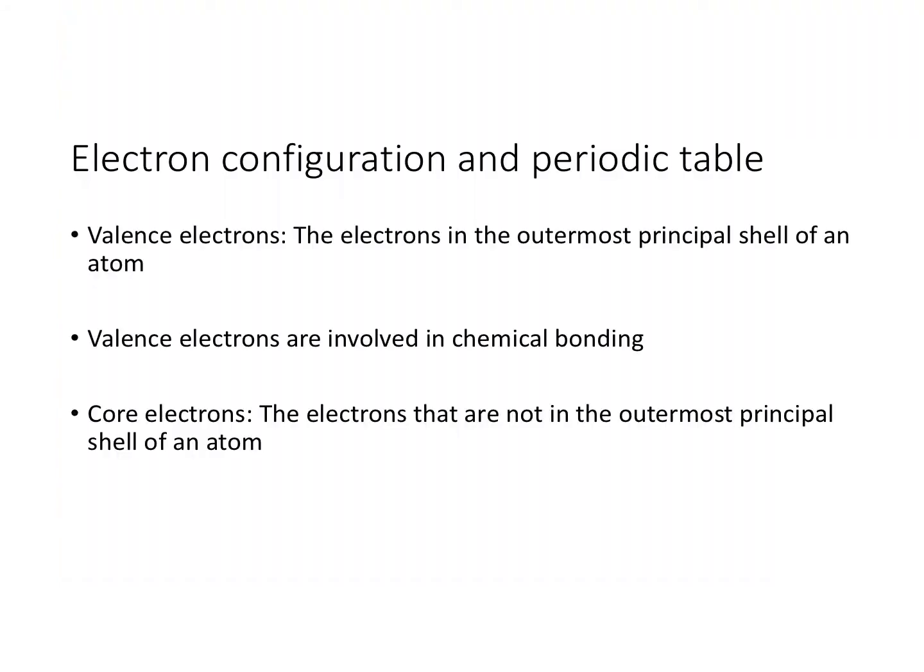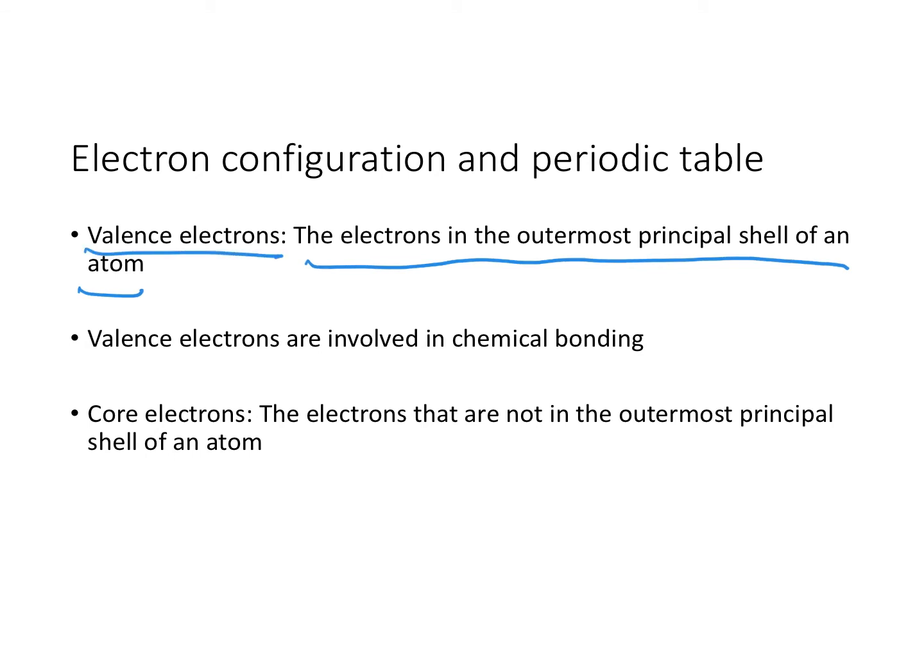Okay. Now, I'm going to, again, review some materials and add some materials. As your friend mentioned, and I told you, the electrons in the outermost principal shell of an atom are called valence electrons.